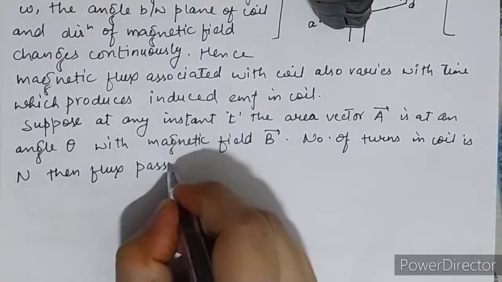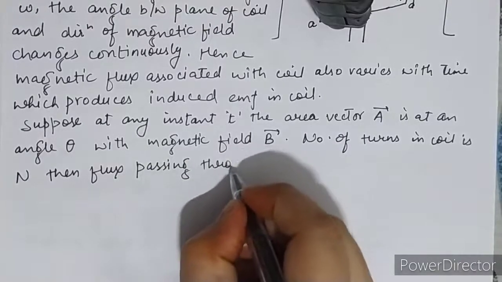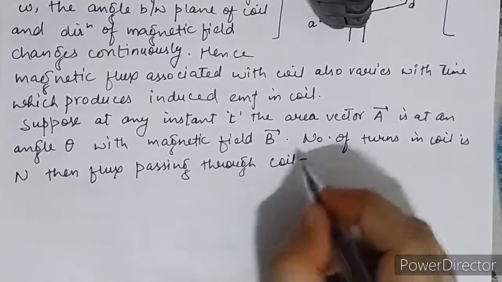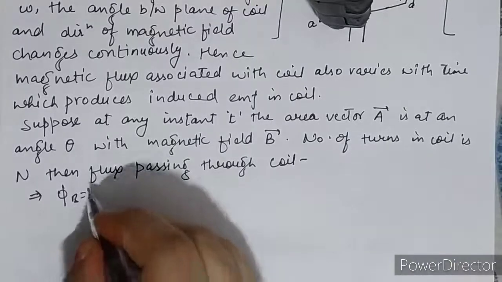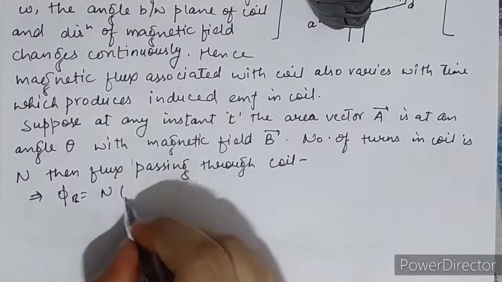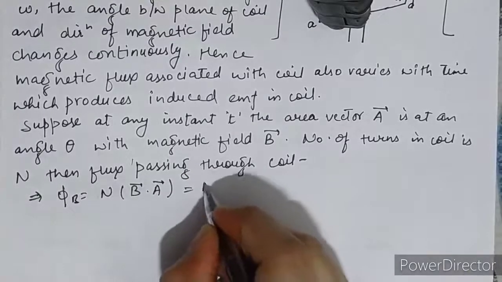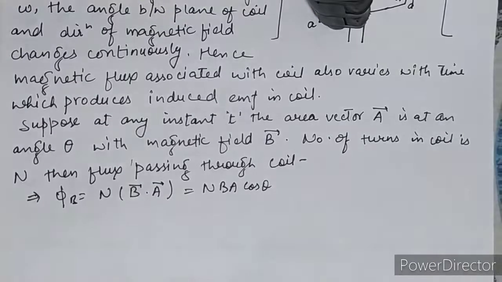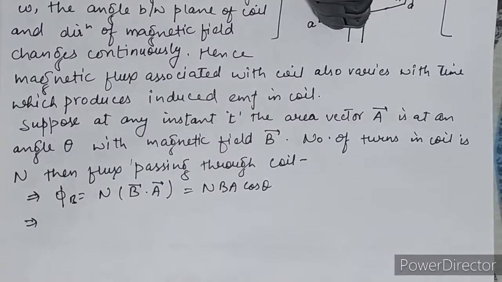flux passing through coil. What is the formula of the flux? B dot A, and there are N number of turns, so it will become NBA cos theta. Okay, and the angle it was making is omega t.